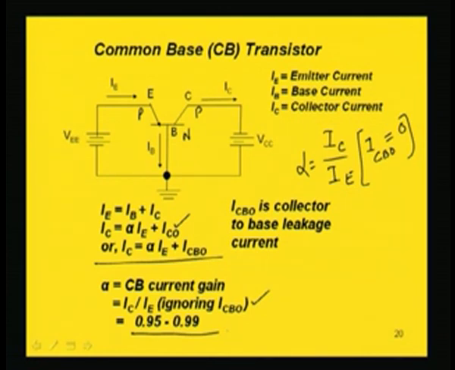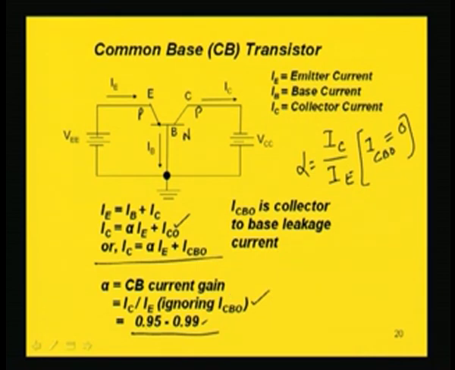So, base current will be only 5% of the emitter current, that is the maximum recombination, and minimum recombination is for the value of 0.99, that is 99% of the injected carriers from emitter reach the collector. So, only 1% is recombined. So, that is the limiting value.